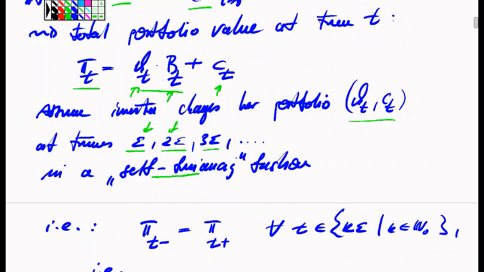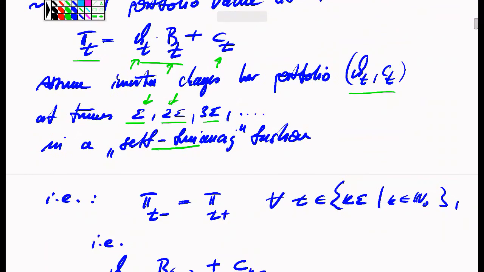So all the transactions that he does at a moment of time t should be budget neutral, which means that at any of those time points, the wealth of his portfolio exactly before he makes this readjustment should be the same as the value of the portfolio immediately after he did his readjustment.